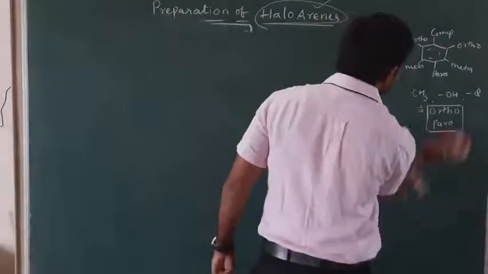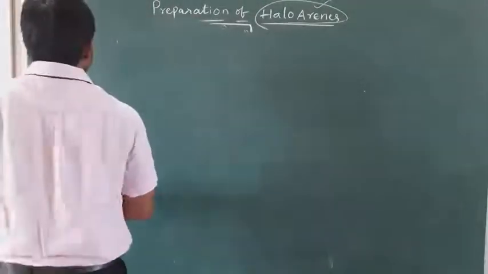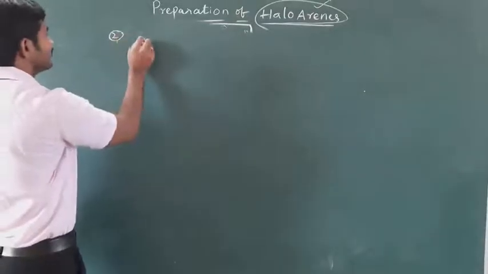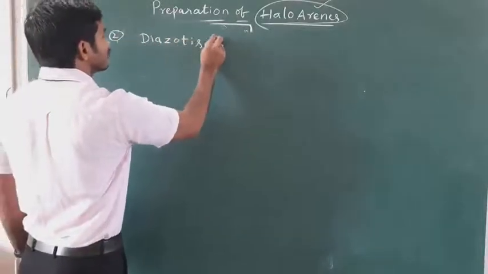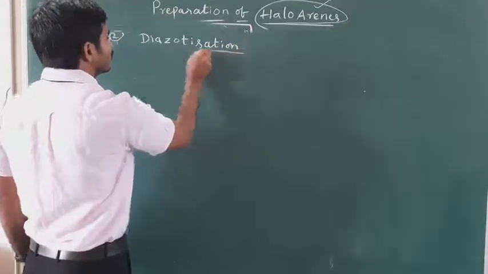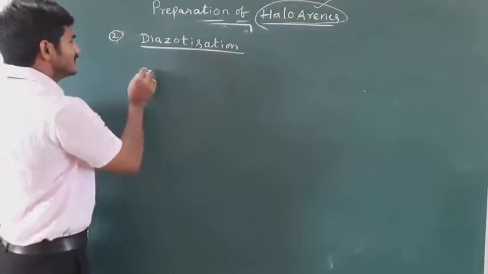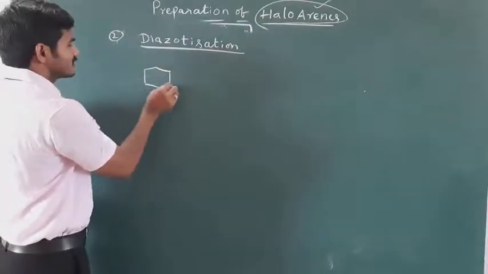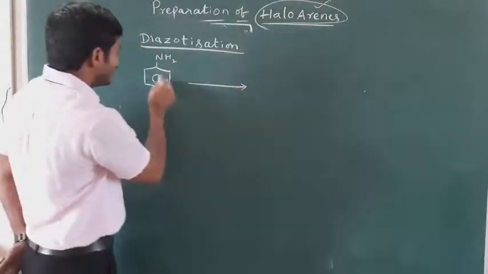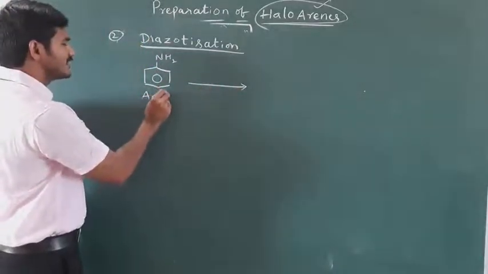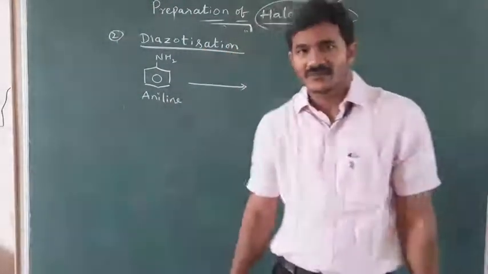The next method is another very important method, diazotization. Diazotization is a process of conversion of aniline. When an NH2 group is directly attached to benzene, it is called aniline.